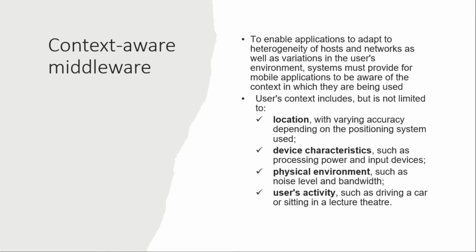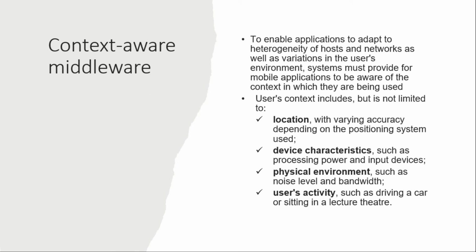Next, we move to the context-aware middleware to enable application to adapt to heterogeneity of hosts and network as well as variation in the user's environment. System must be provided for mobile application to be aware of the context in which they are being used.